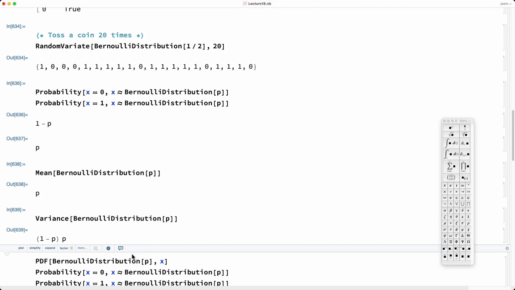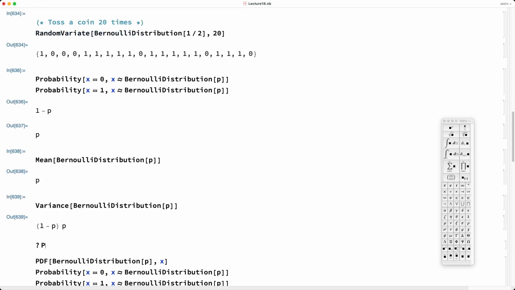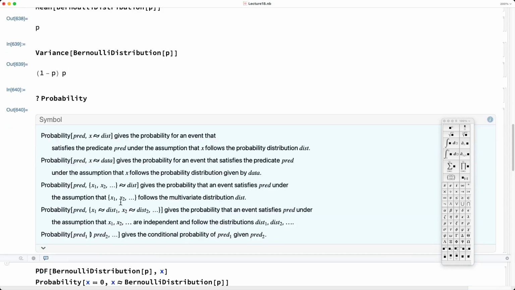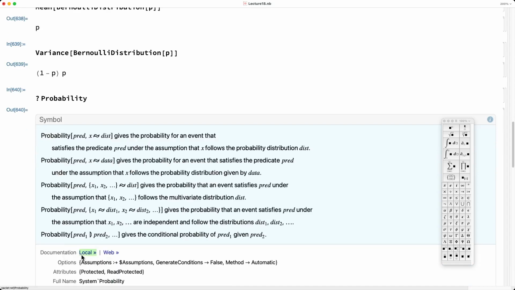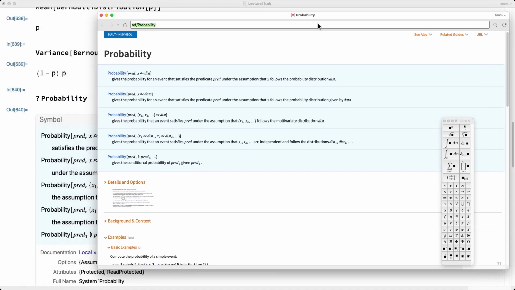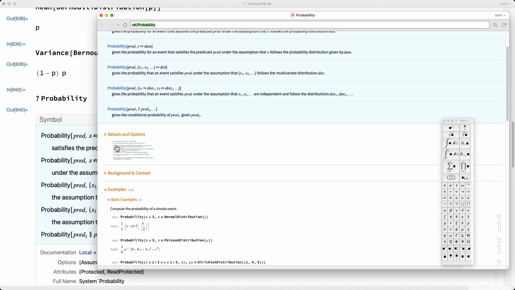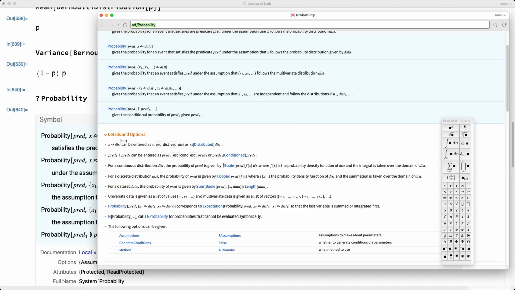If you want to find out more information about this probability command and how to get this symbol, you can use Probability, question mark, and then click on the documentation, and then a window will pop up and you can look at the details here.